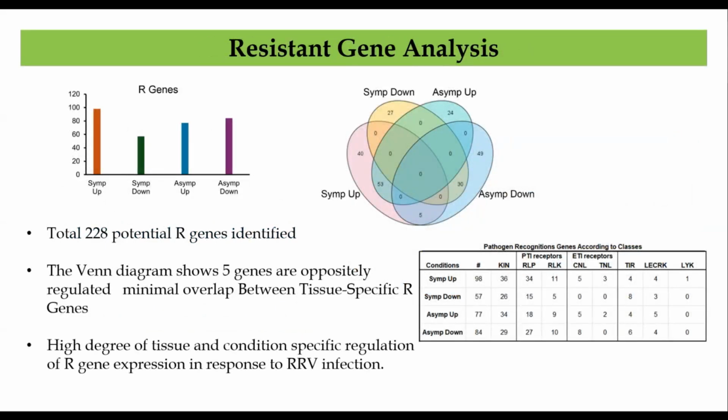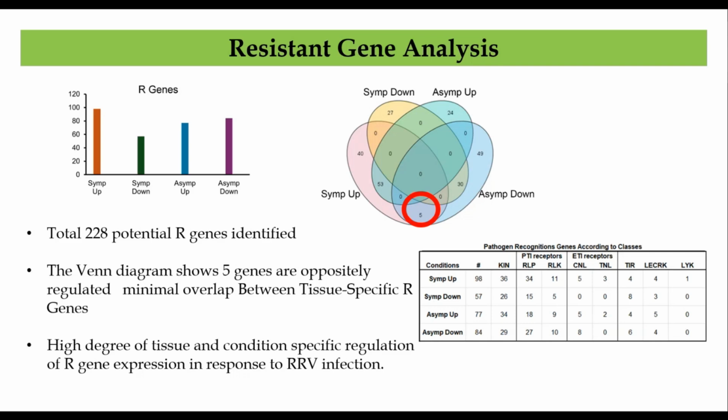So our analysis revealed that in our transcriptomic dataset upon Rosette virus infection, a total of 228 resistance genes are differentially regulated. If you look at the Venn diagram here, there are 5 genes that are differentially altered and common between symptomatic upregulated and asymptomatic downregulated.